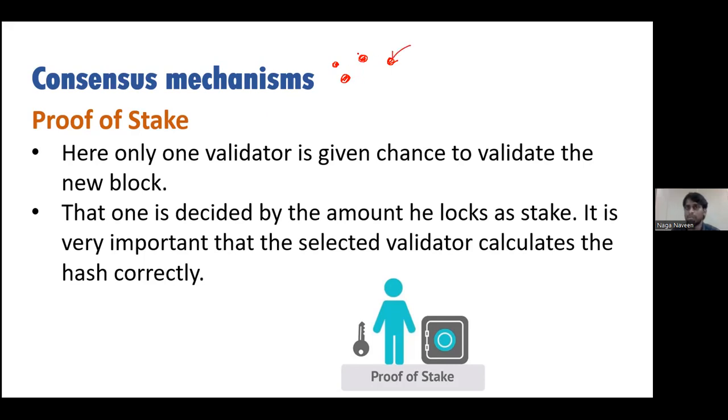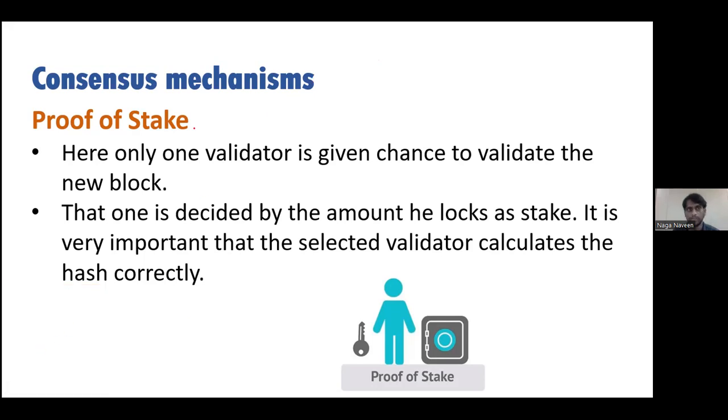Ultimately, if one person wins the reward, the energy and processing power put in by the others will be wasted. They will get nothing in return. All that energy will be wasted.